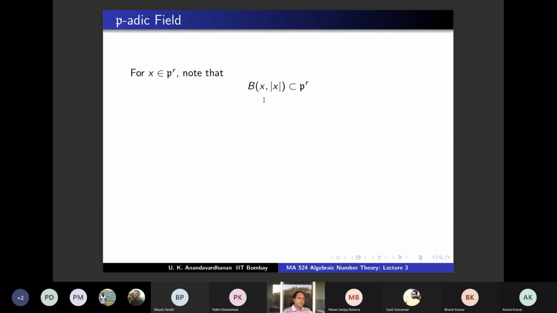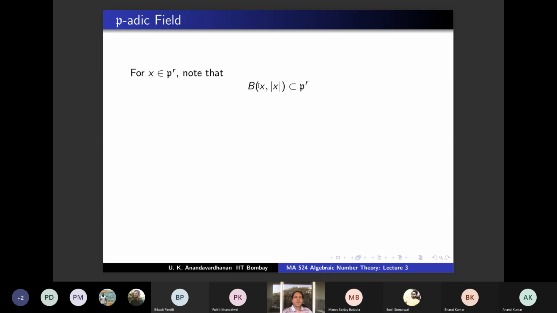So mod y minus x is strictly less than C power R. But what you have to show is mod y is strictly less than C power R. Why is that true? Mod y minus x is less than mod x, and mod x is less than or equal to C power R. So mod y minus x will be less than or equal to C power R. So mod y is also strictly less than C power R.